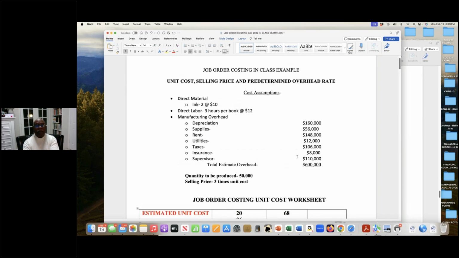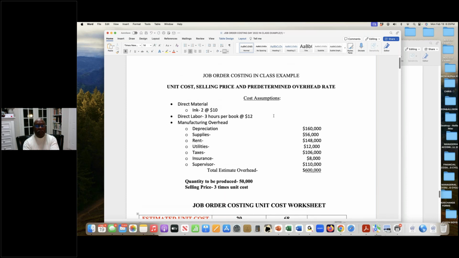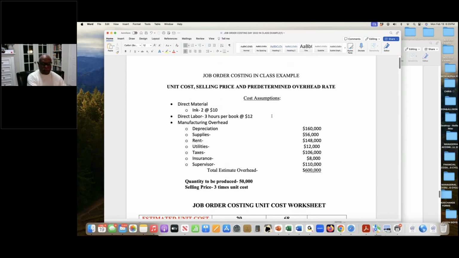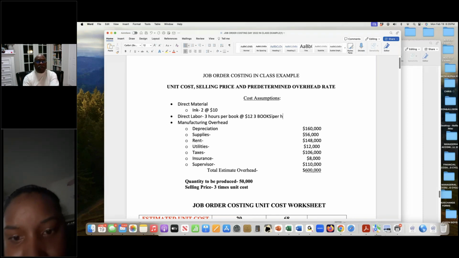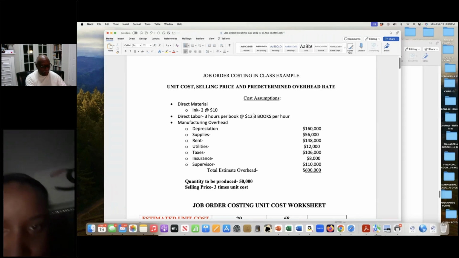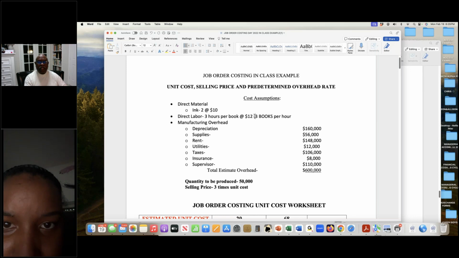Work this problem out with this option of 3 books per hour. So we just put in an option here of 3 books per hour.